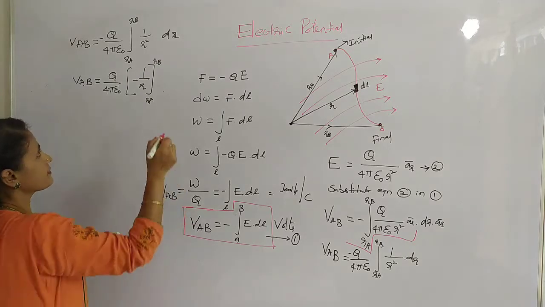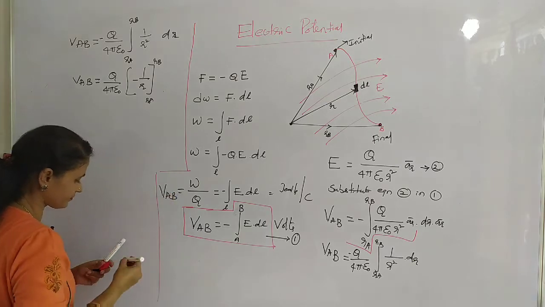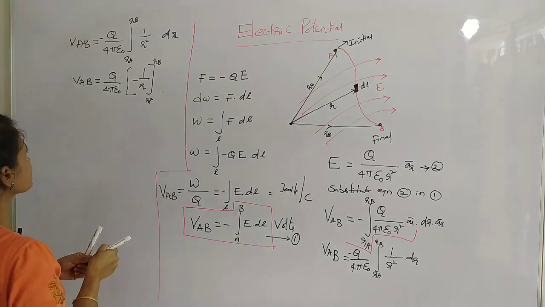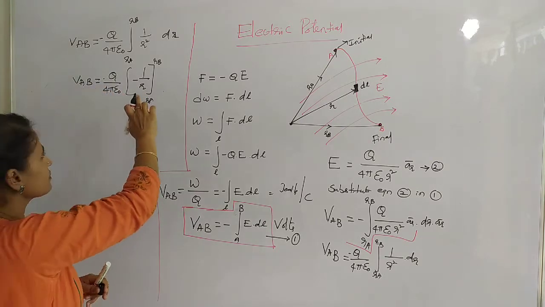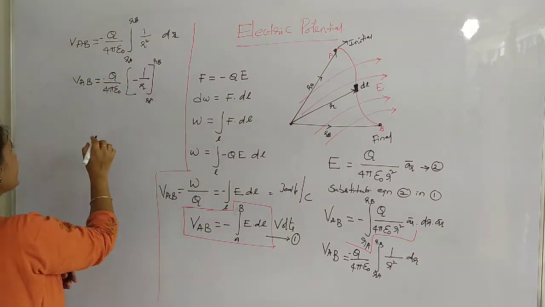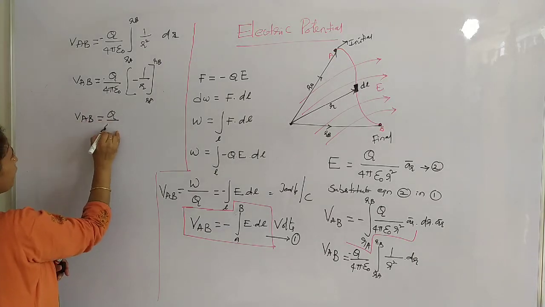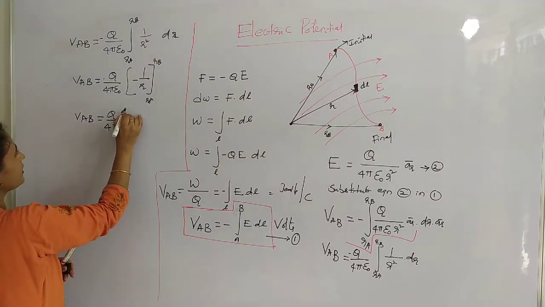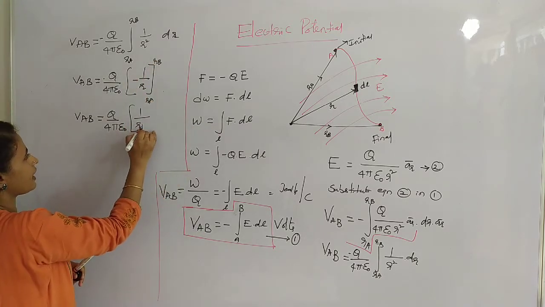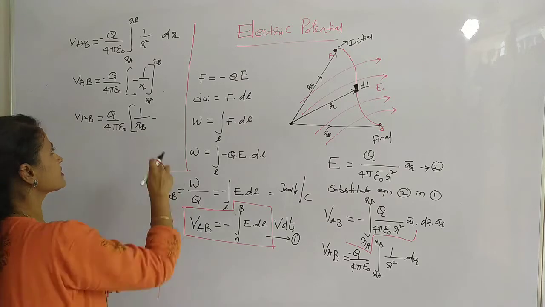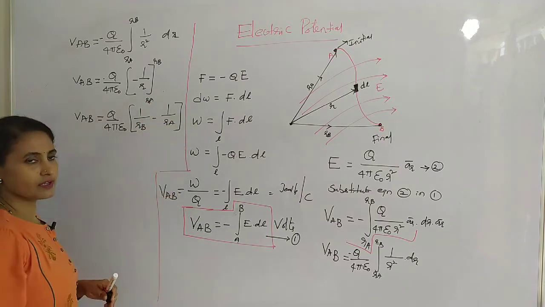Now let us substitute the upper and lower limits. Before that I will take this minus outside, so this minus into minus will be plus. So VAB is given by Q by 4 pi epsilon naught into, substituting the upper limit 1 by RB minus substituting the lower limit 1 by RA.